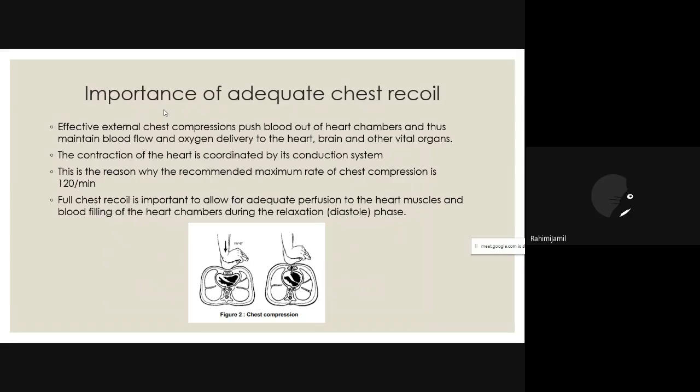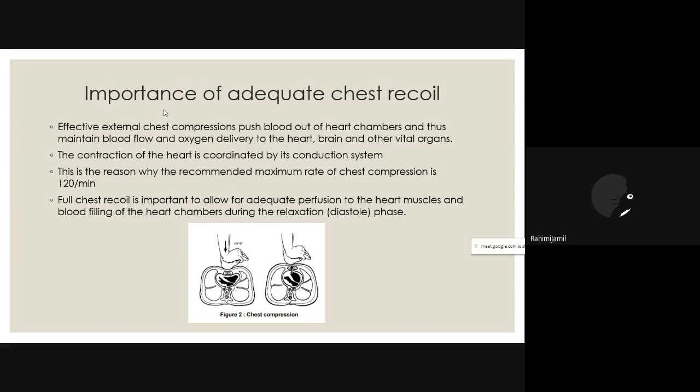A full chest recoil is important for perfusion to the heart muscle and blood filling of the heart chambers during relaxation, the diastole phase. During diastole, the coronary artery supplies blood to the heart itself. Therefore, adequate chest recoil is very important.